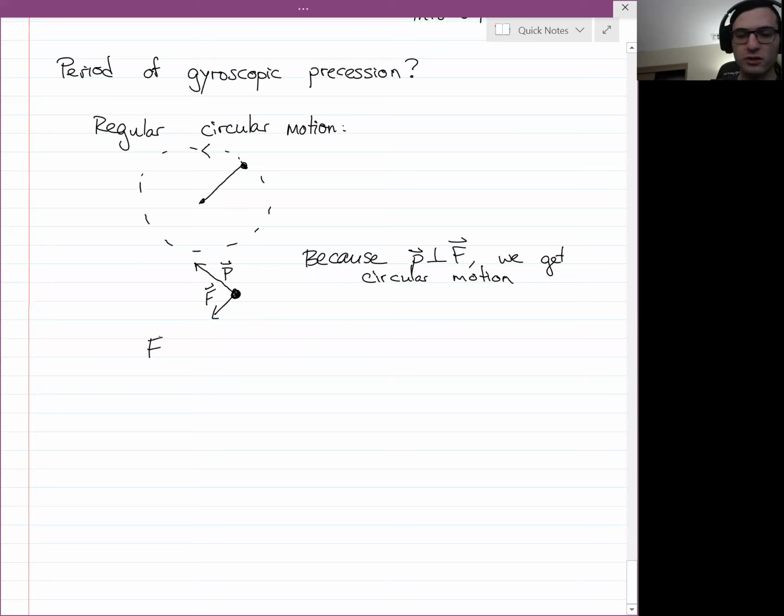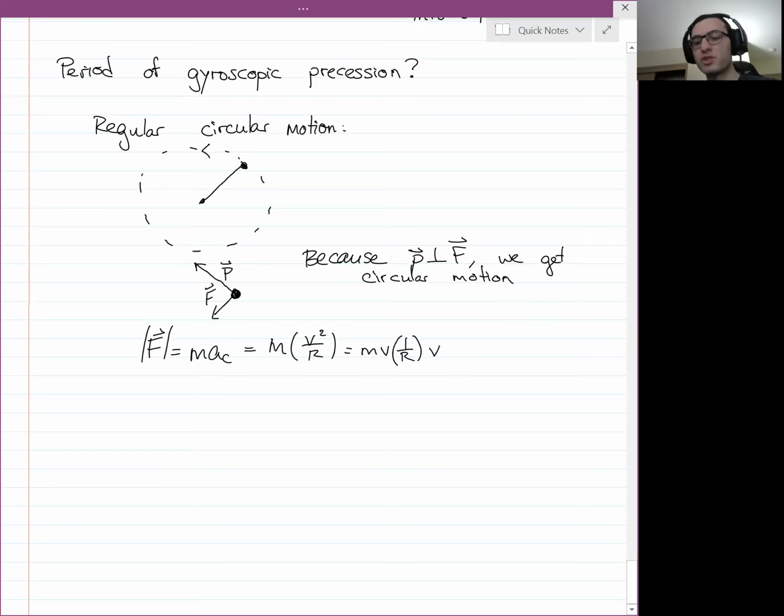However, the force, which is equal to m a_c, centripetal acceleration, let's just talk about magnitudes here. This can be written as m times v squared over r, which is just m times v times 1 over r times v, right? All I did was simplify a little bit. I'm just writing out a formula for the force.